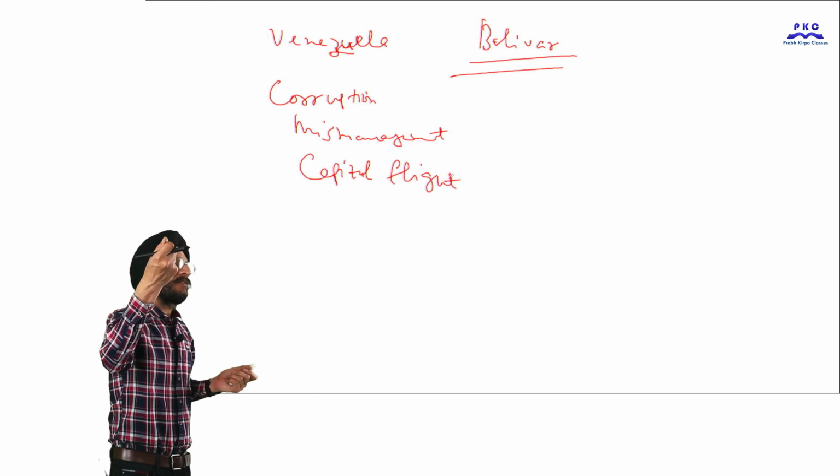We will understand what we have said with the help of an example. Suppose $1 is equal to €1. We are here assuming this.